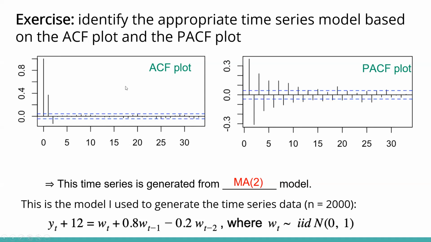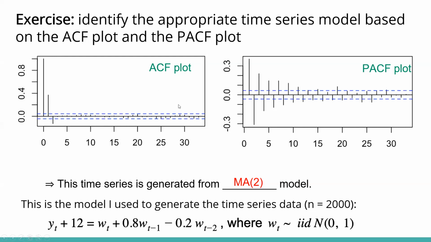When the ACF cuts off, then that should be MA, and that will be MA of order 2. When the ACF cuts off, you are referring to the MA models, and the PACF will be the one that is decaying. I think you remember that. That was the reason why the appropriate model is MA of order 2.